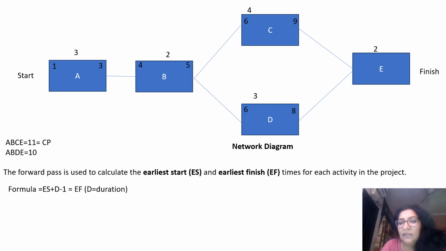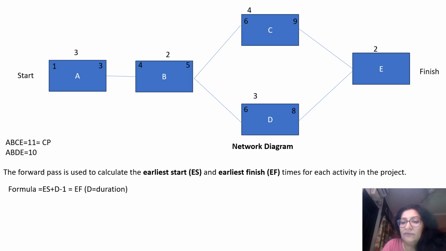Now, if you see, activities C and D are converging at this point, so what would be the early start date for activity E? Do you have any guess? Can you do the calculation? Okay, let me tell you.